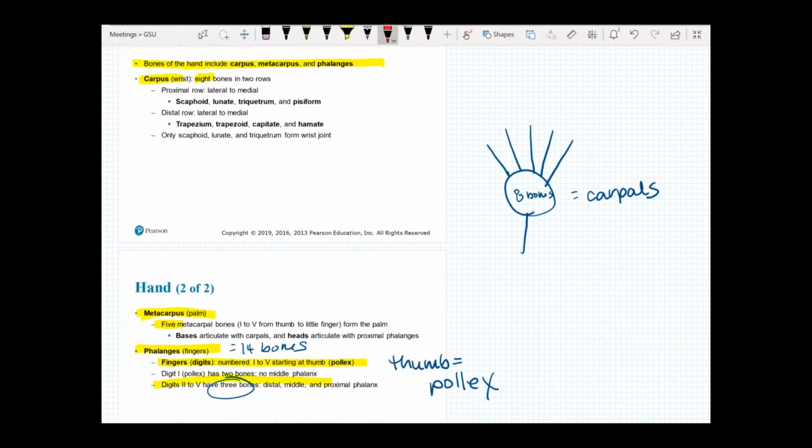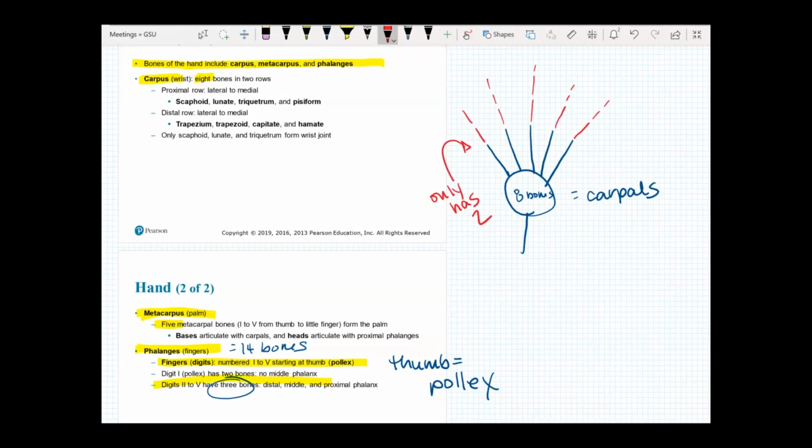I will have 1, 2, 3; 1, 2, 3; 1, 2, 3; 1, 2, 3. Those together are going to be 12 bones. But I said there are 14 bones in your phalanges. Your thumb, or your pollex, will only have 2 bones that make up your thumb.